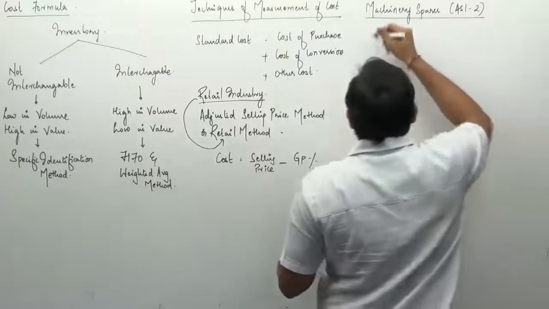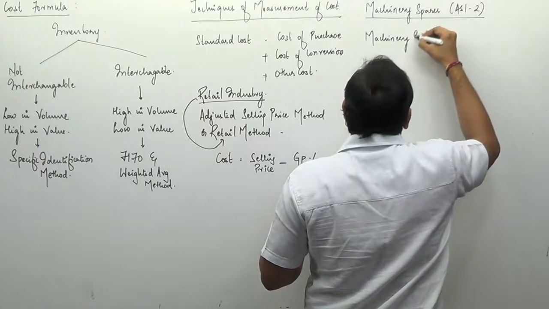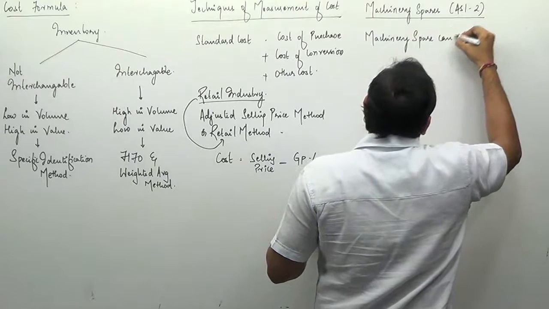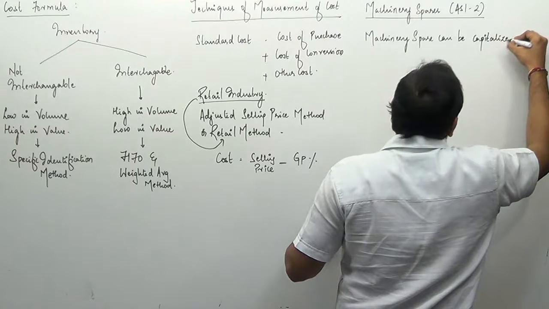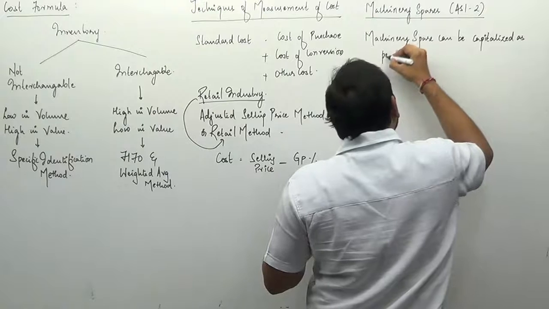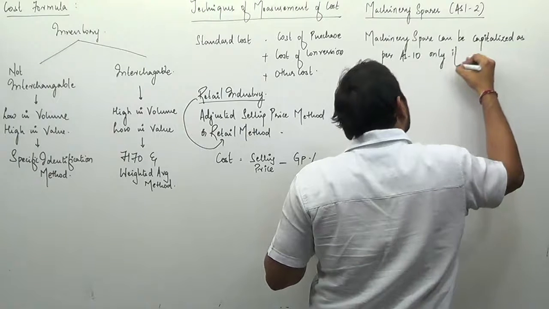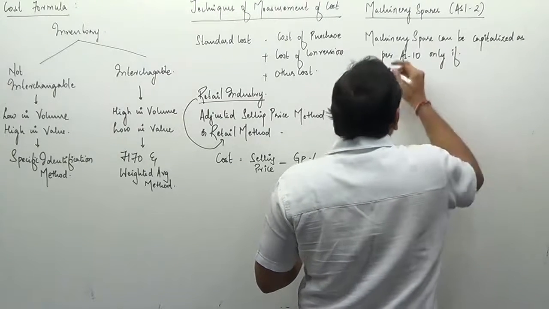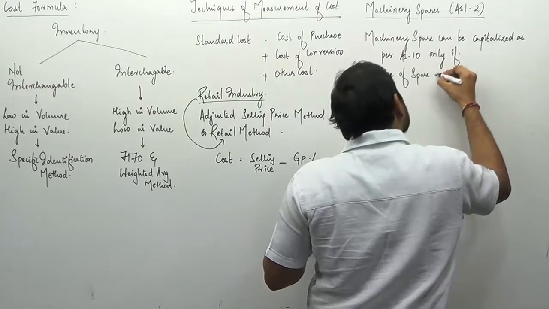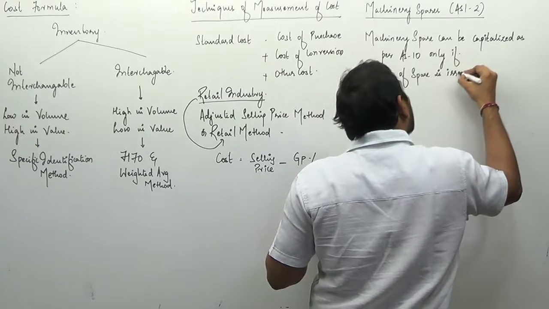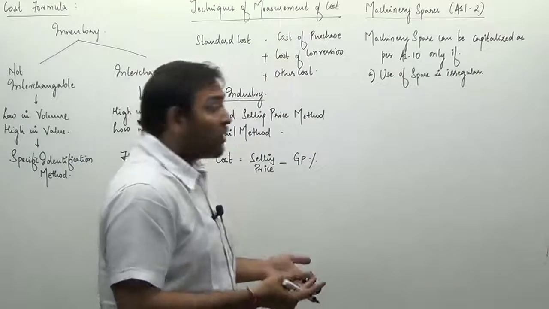So I'll say that a machinery spare can be capitalized as per AS 10, that is fixed asset, only if two conditions are satisfied. First one, the use of the spare is irregular. You don't exactly know when you will use it. I may use it, I may not use it.